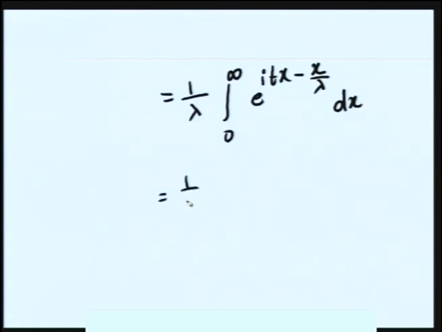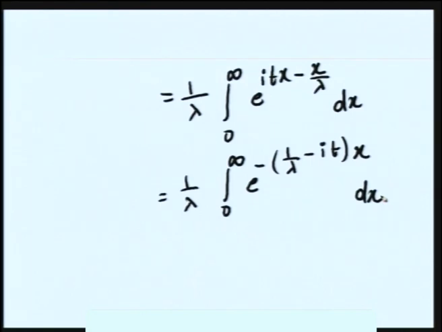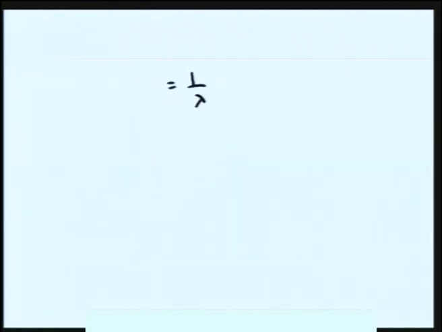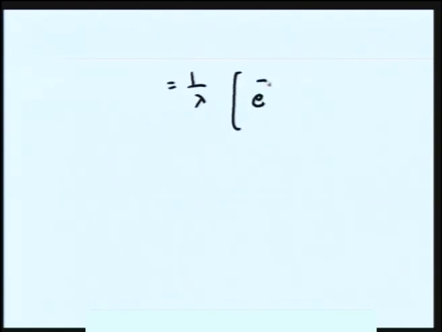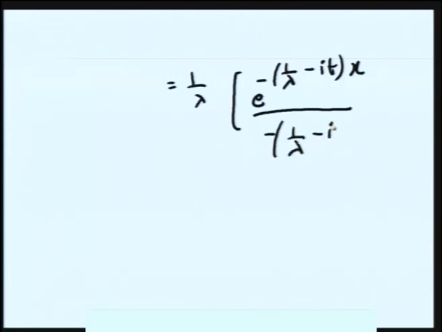Okay. So, 1 by lambda integral 0 to infinity, I shall write this in a format suitable for integration as e power minus 1 by lambda minus i t into x dx. Now I am going to integrate: it is e power minus 1 by lambda minus i t into x divided by minus of 1 by lambda minus i t.